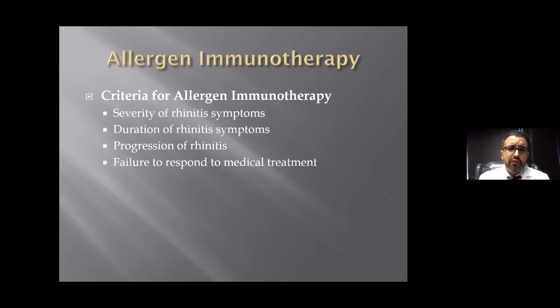So it's really reserved for those patients that continue to be symptomatic and fail to respond to medical treatment. We then possibly treat them with either shots or drops. Drops basically work the same way as shots. The difference is you use them underneath the tongue and they can be administered at home, whereas shots are administered in our office.